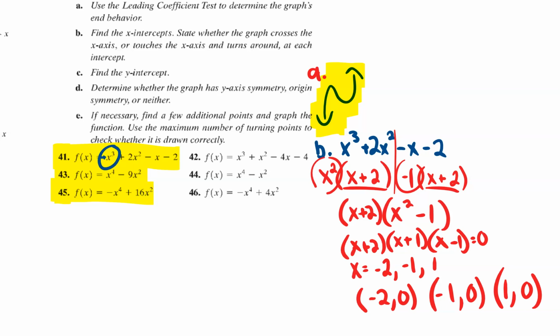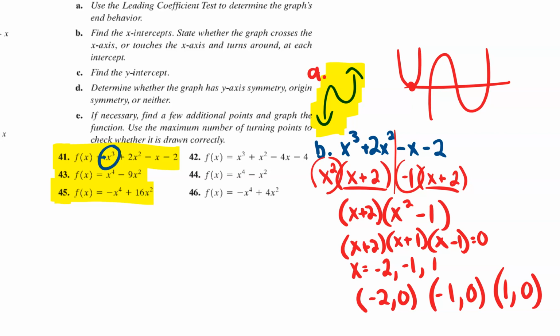All right. Oh, and then we are also supposed to state whether it crosses or touches and turns around. Since we don't have any multiplicity, meaning we don't have any repeating zeros, they're all different numbers, they all must cross at that point, like this, instead of just touching and turning around.